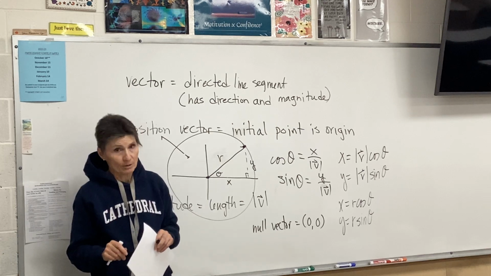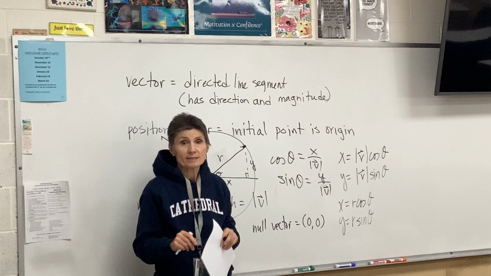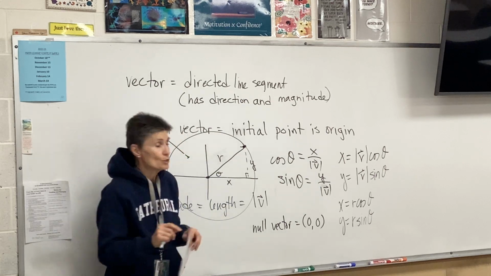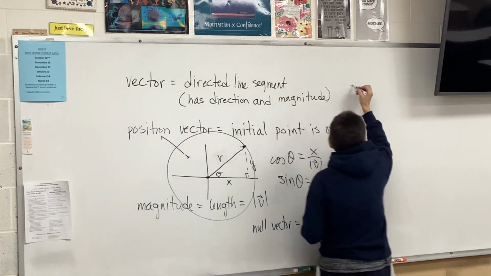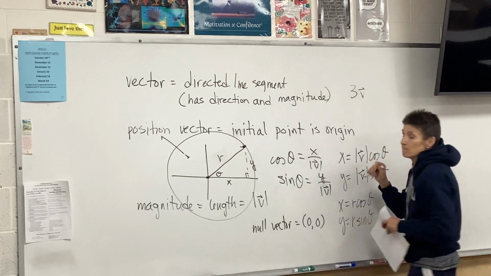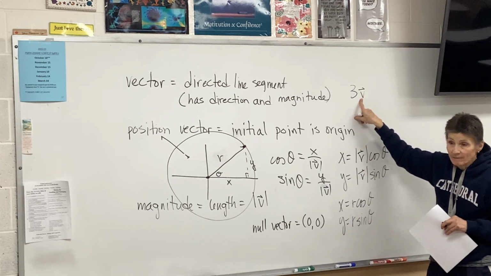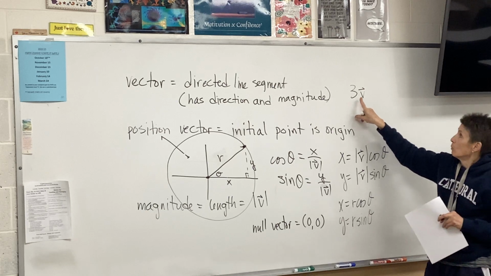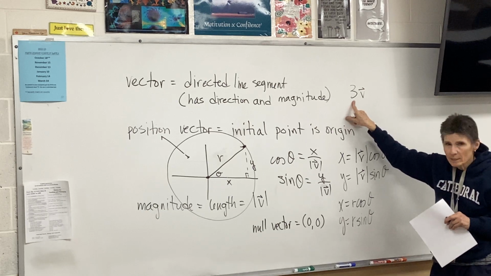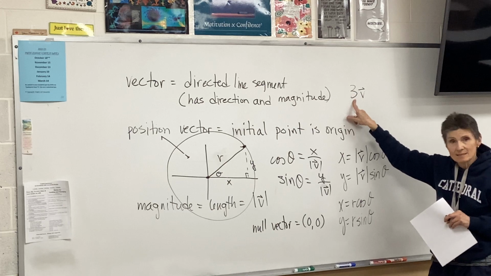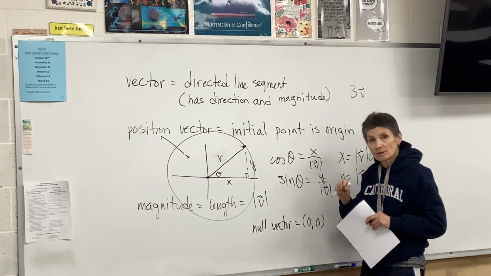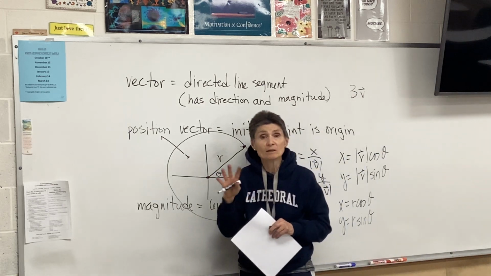A scalar is just a real number. So like if we had the expression 3v, this obviously is a vector, vector v. We're multiplying it by 3, and that is a scalar. So a scalar is simply a real number.